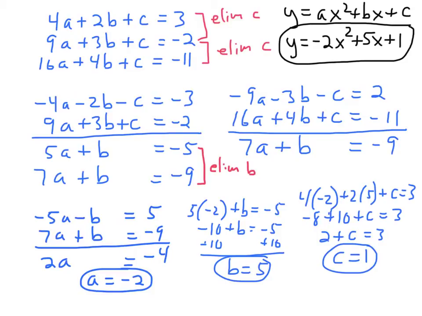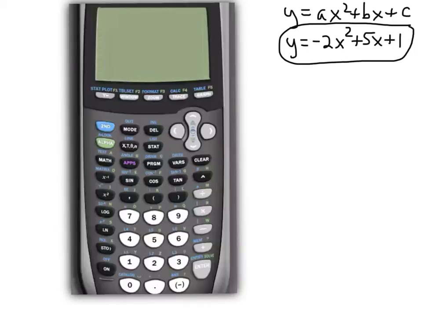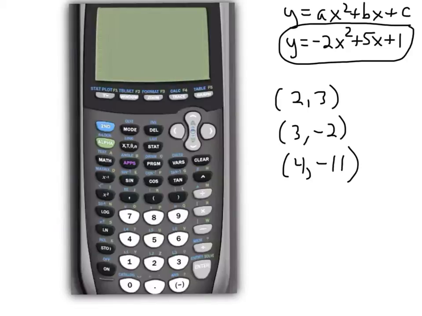Now we can check this on a graphing calculator. Now remember, the original ordered pairs that we were given were (2, 3), (3, -2), and (4, -11). So on our calculator, we could enter those into L1 and L2.